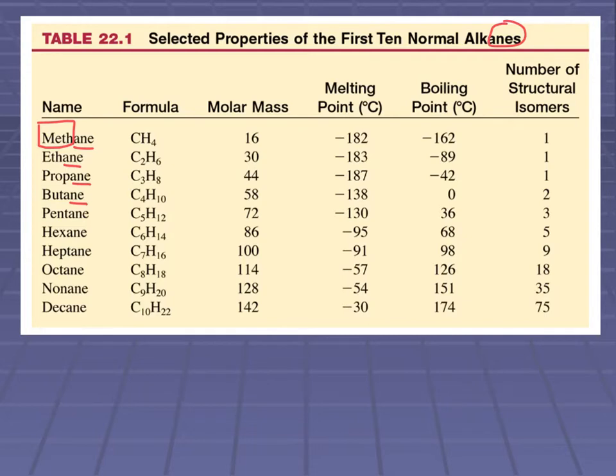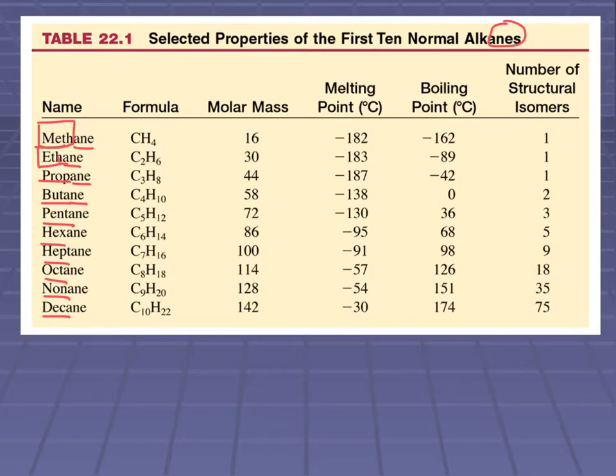All of these prefixes tell you the number of carbon atoms that are in the structure. And these 10 prefixes you will need to have memorized. Meth, eth, prop, bute, penta, hexa, hepta, octa, nona, deca. So the prefix will tell you, once again, the number of carbon atoms in the structure. And I'll write them down on the next slide.